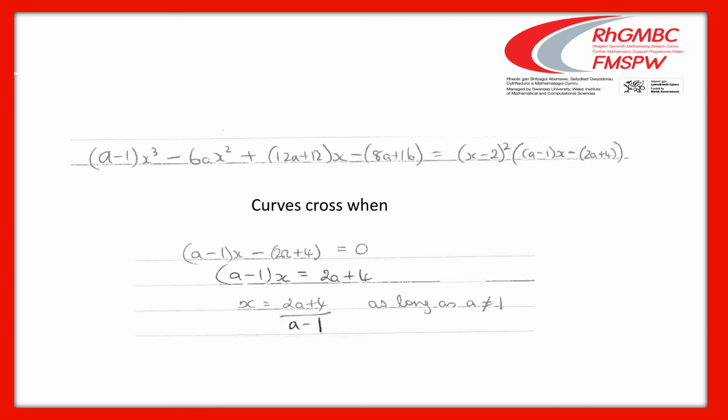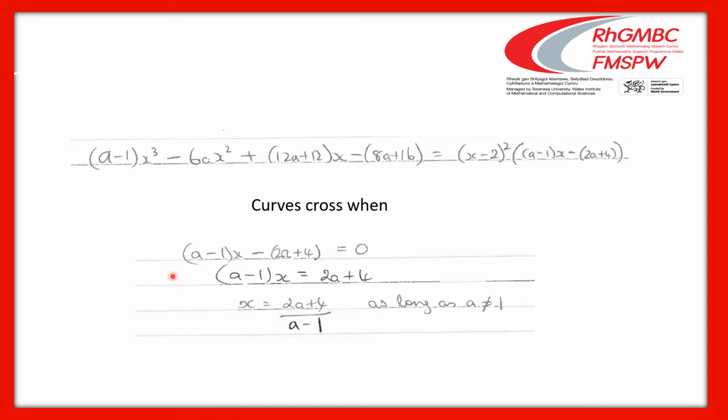So now substituting in that b is a minus 1 and c was minus 2a minus 4, so pulling the minus sign out there as a common factor. We know these curves cross when x minus 2 all squared equals 0, but we know that x equals 2 is where they touch, or when the other bracket is equal to 0.